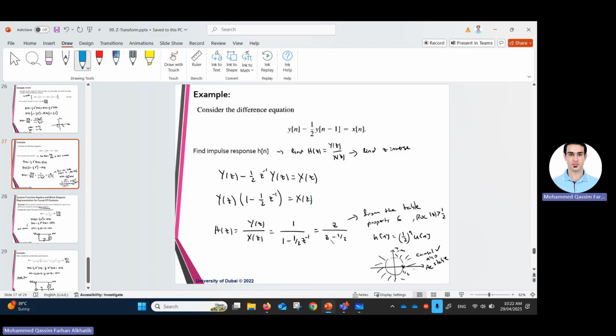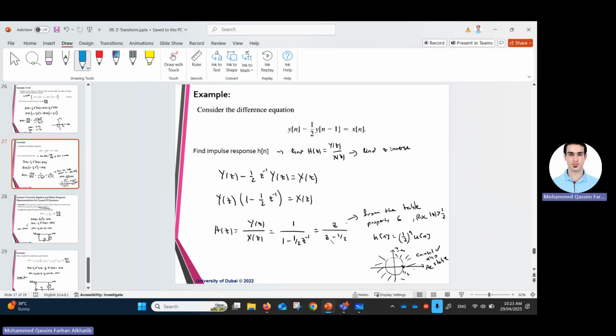So I have y of z minus y of z, z to the negative 1, equals x of z. Take y of z as a common factor, and you have 1 over 1 minus half z negative 1, z over z minus 1 over 2, and that's 1 over 2 to the power n u of n from the tables.